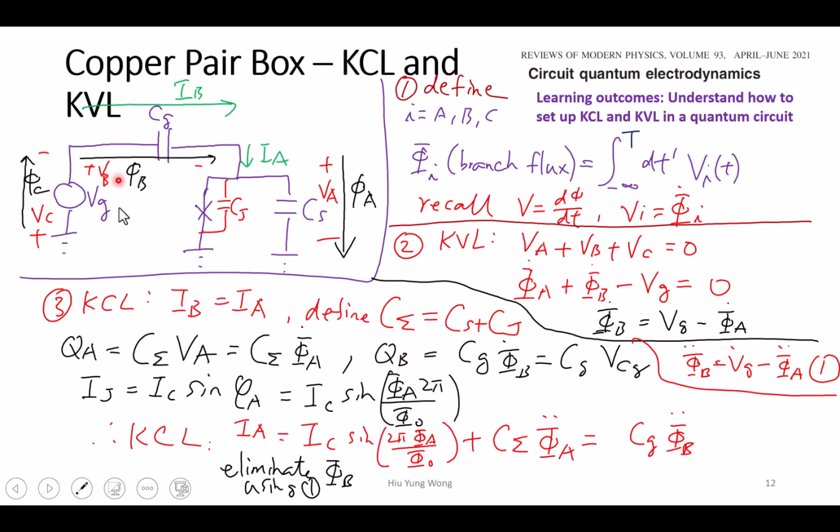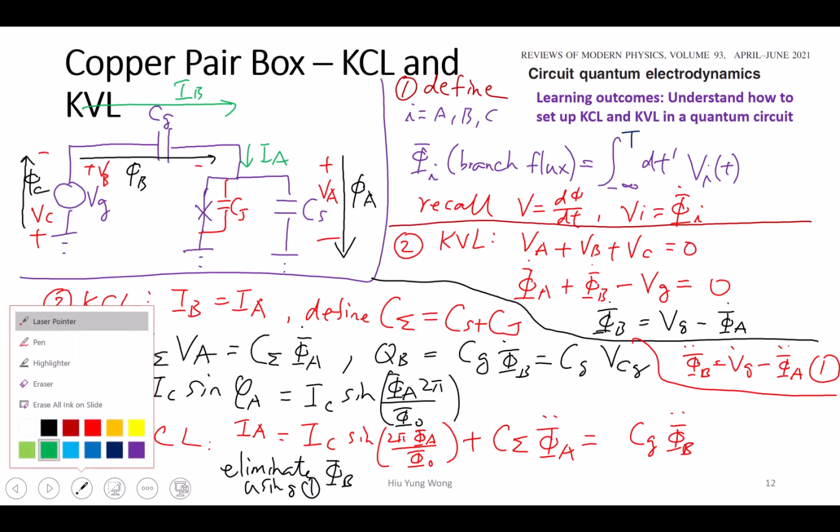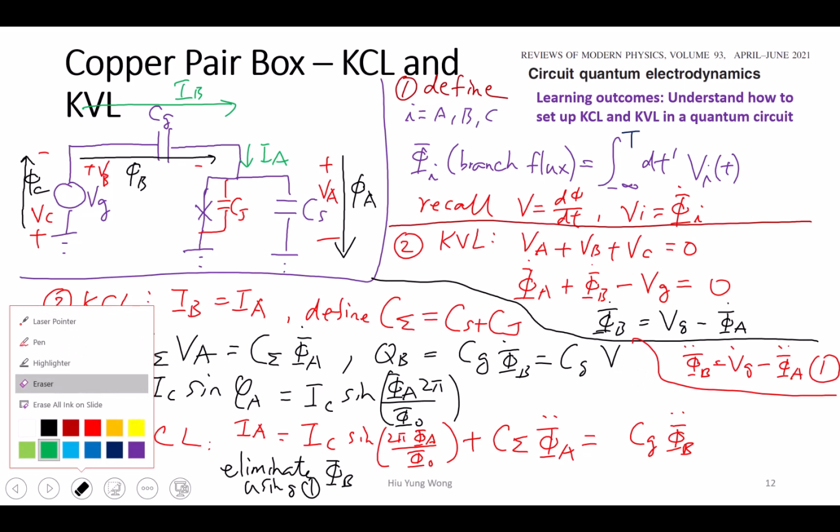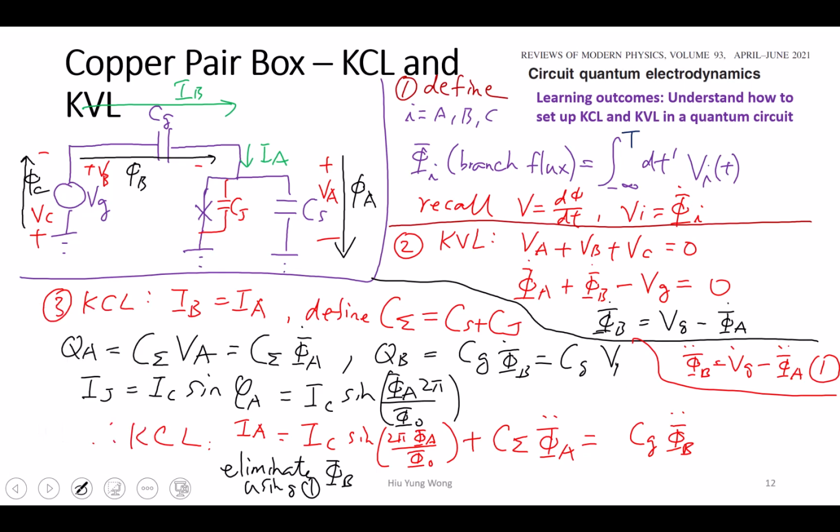I should just say VB. Thank you, but at that time I forgot this notation. I just wanted to say it is the voltage across capacitor CG, and of course the voltage across capacitor CG is VB. Sorry for this.